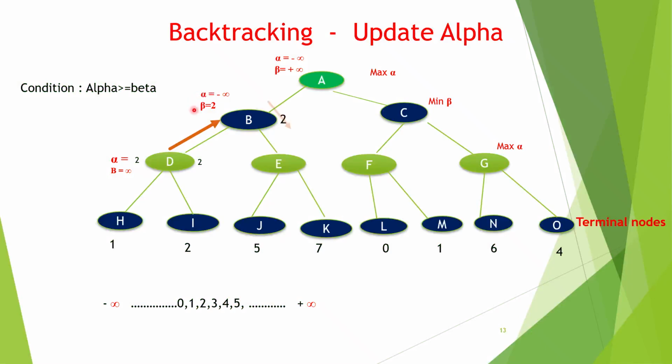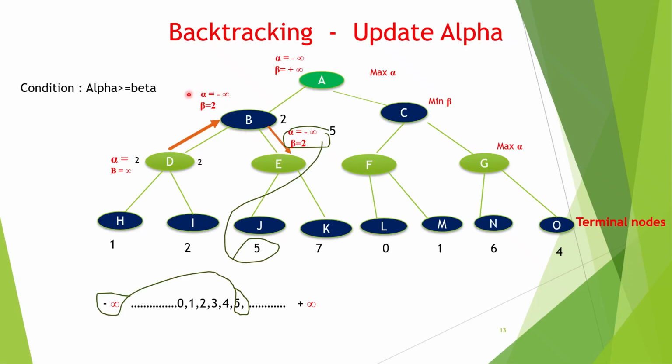Now the beta value is updated to 2. Who is the other child of B? Node E. So the values are transferred to E: alpha equal to minus infinity, beta equal to 2. Now it is the maximizer's move.